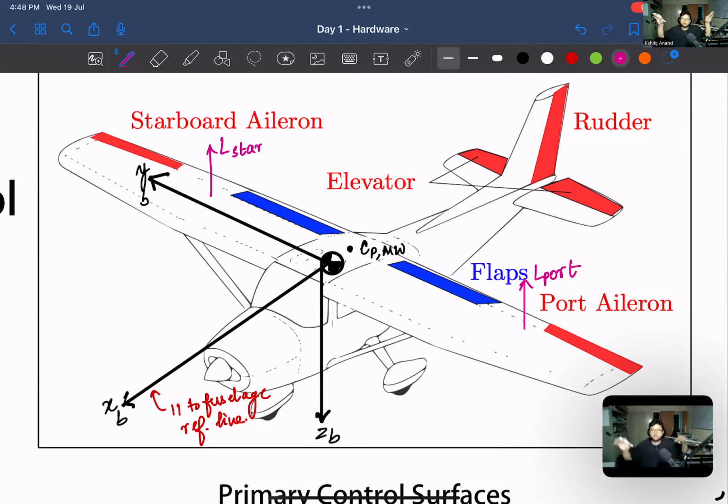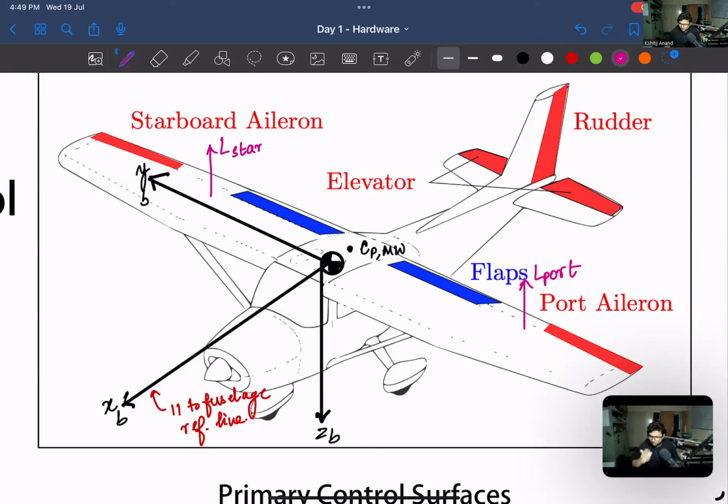Now, if you wanted your aircraft to turn this way, so if you are looking at me, I don't know if my camera is mirrored or not, but this is my starboard side and this is my port side. So right hand side is the starboard side, left hand side is the port side. And when I'm flying like this, when both of my wings are symmetrical in arrangement, then I am producing equal amount of lift on both the wings. So I am stable, right?